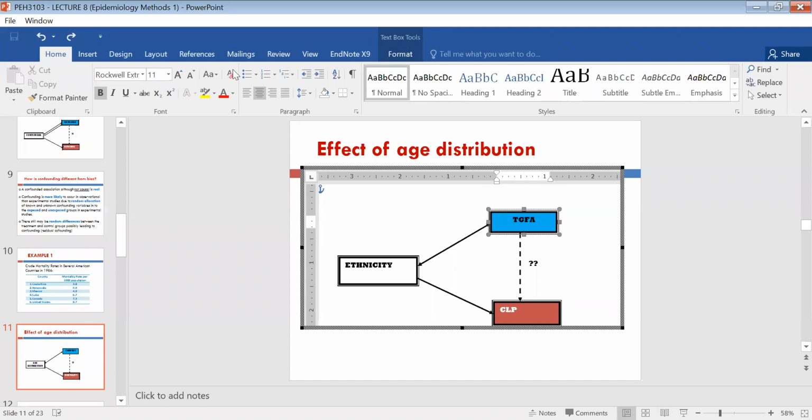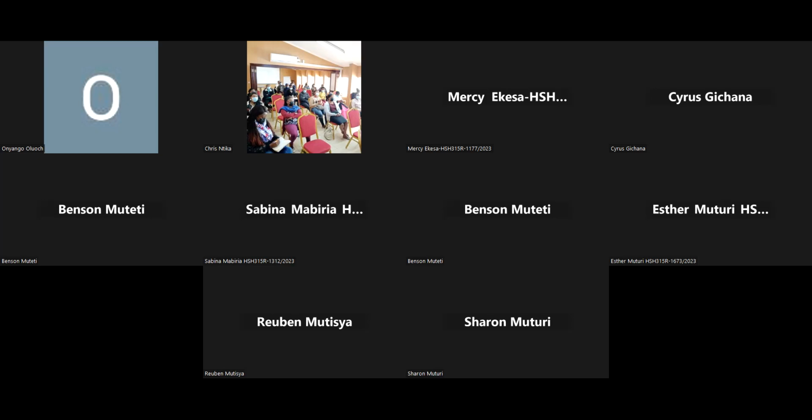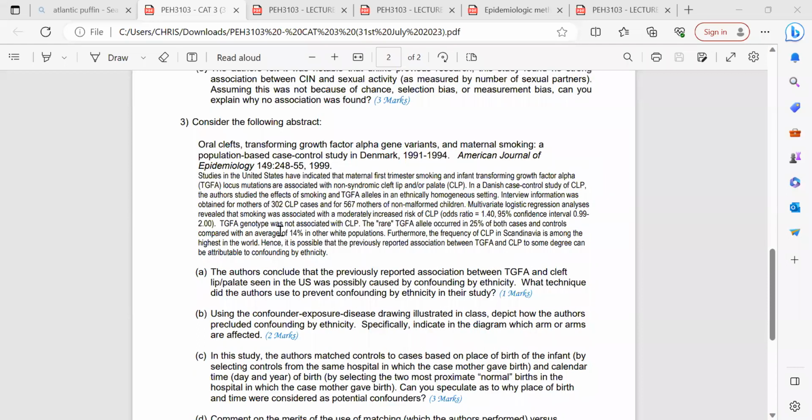Let me repeat it quickly so that we understand. Studies in the United States have indicated that maternal first trimester smoking and infant transforming growth factor alpha, that is TGFA locus mutations, are associated with non-syndromic cleft lip and palate.